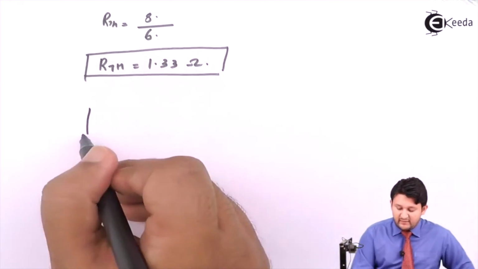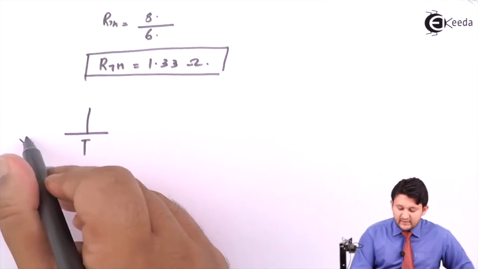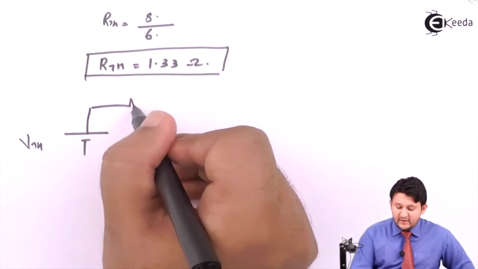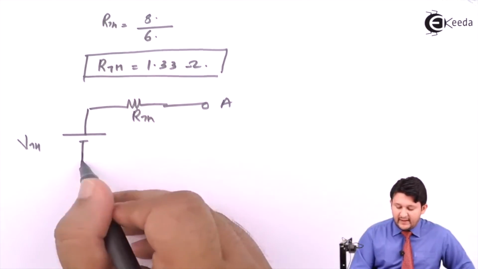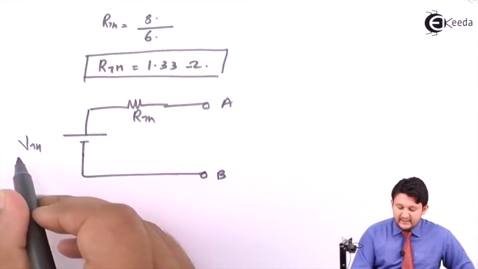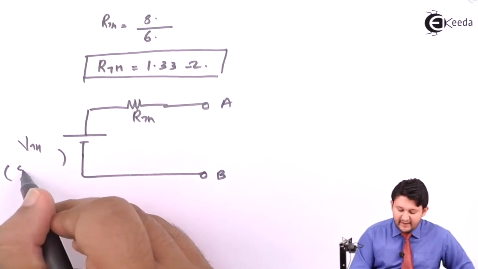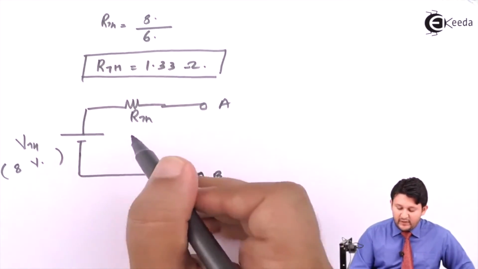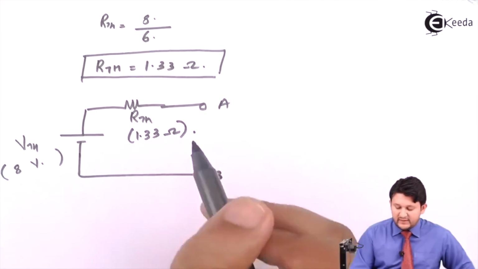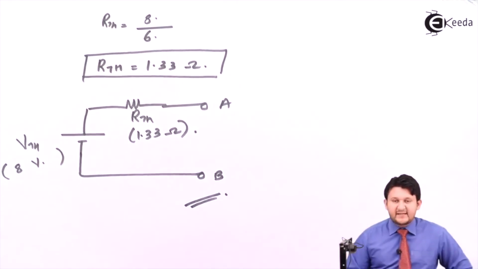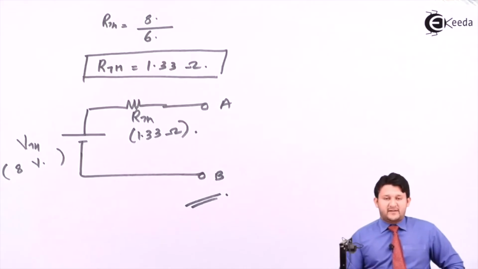This will be your VTH, this will be your RTH, with open circuit terminals A and B. Put the value of VTH as 8 volts, and your RTH value is 1.33 ohms. This circuit is defined as your equivalent Thevenin circuit.